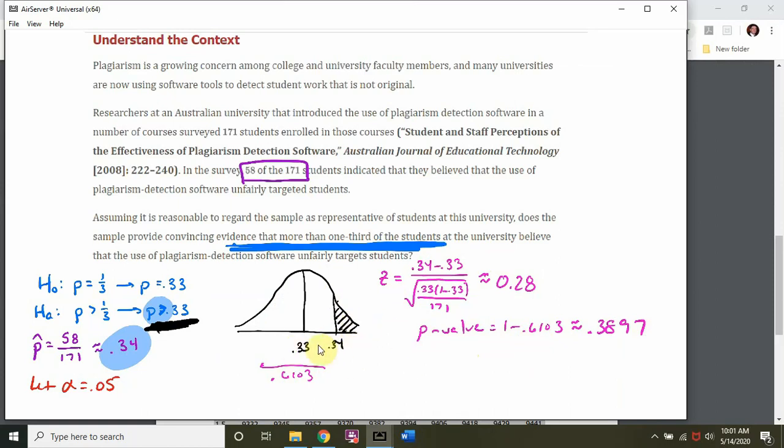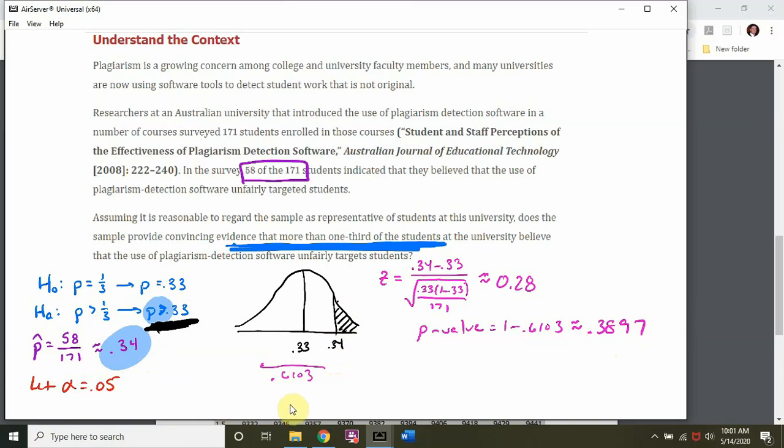What does that mean? Well, if 33% is the actual proportion of students at this university who feel that this software is unfair, a random sample of 171 students from this university would have a sample proportion who think it's unfair of 34% or more, almost 39% of the time. That's not that unlikely to occur. This is certainly greater than our 5% significance level.